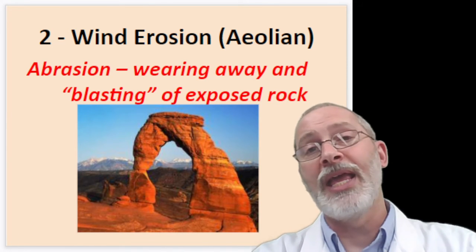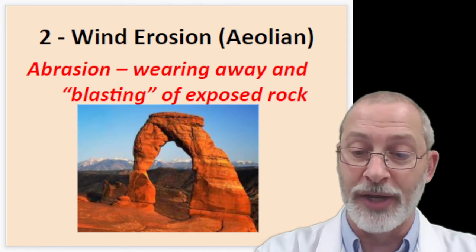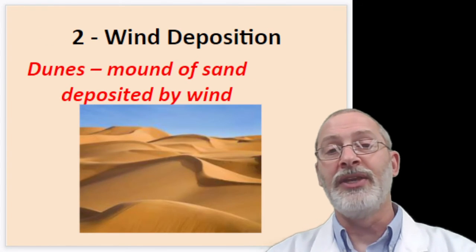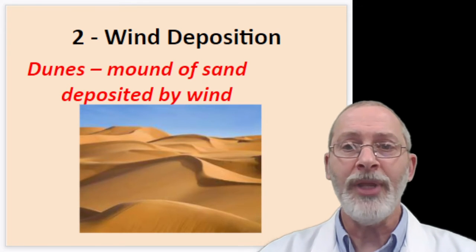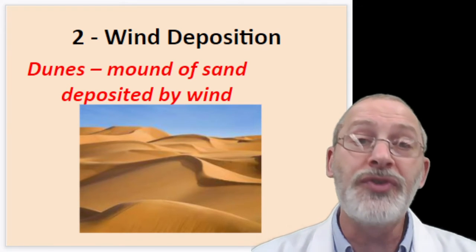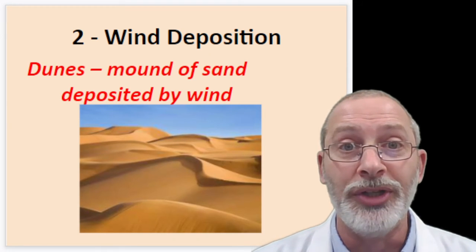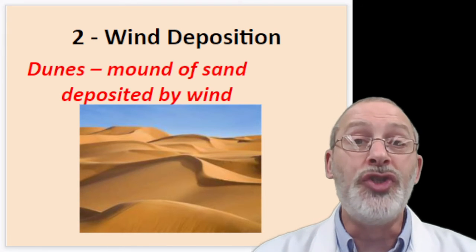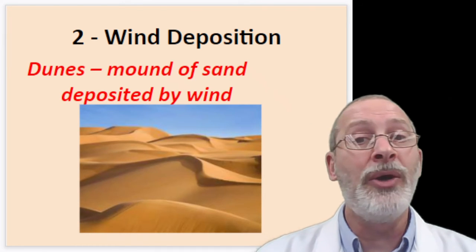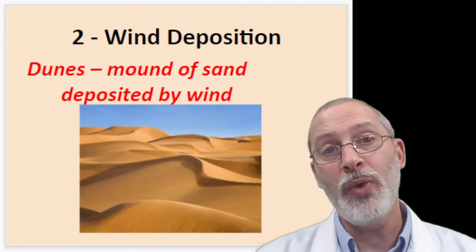As we keep on saying, you can't have erosion without deposition. So let's mention a few things about wind deposition. Probably the most famous feature of all deserts in the world are sand dunes. Dunes are mounds of sand that are deposited by the wind.